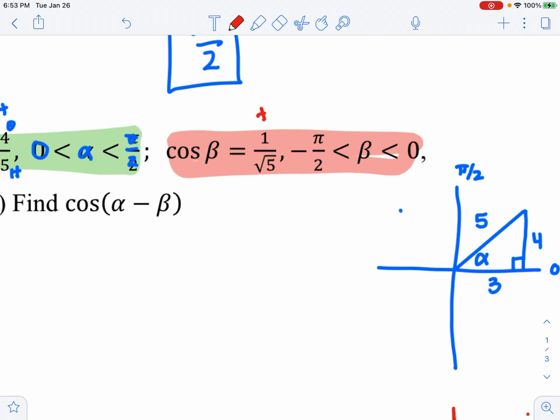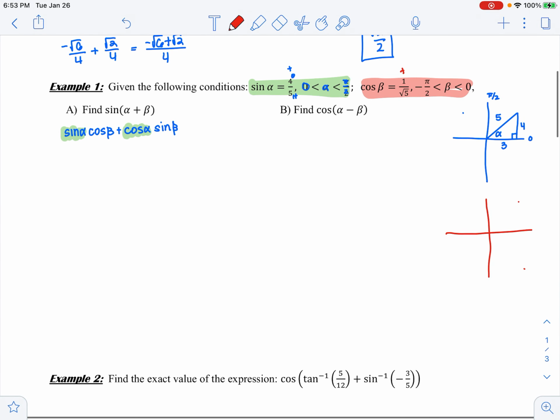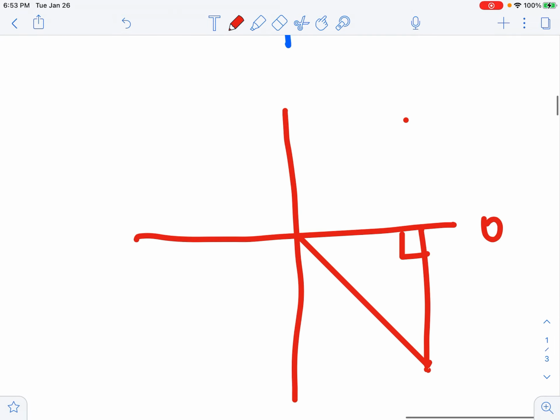All students take calculus. So my angle is either in my first or my fourth quadrant. So now if you look right here, it says beta is in between negative pi over 2 and 0. So here's negative pi over 2. Here's 0. So that means it's in my fourth quadrant. So what I'm going to do is I'm going to make my angle in my fourth quadrant. Then I'm going to go ahead and connect it to the positive x-axis, make my right angle.